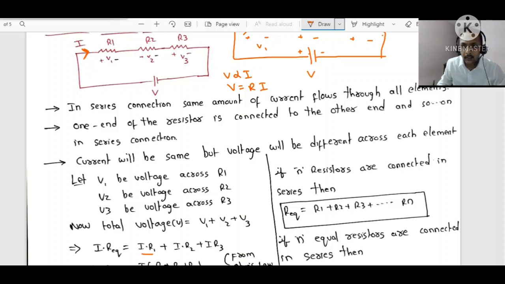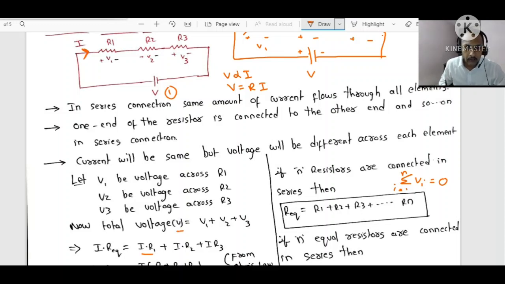What will KVL say here? The algebraic sum of the voltages in a loop is equal to 0, for i equal to 1 to n, where n is the number of elements. In this context, how many elements are there? One voltage source and 3 resistors, total 4 elements. Now observe here.